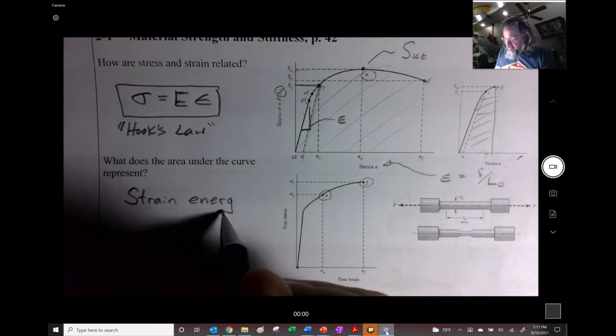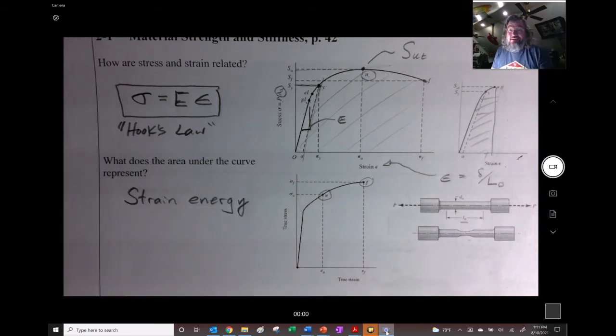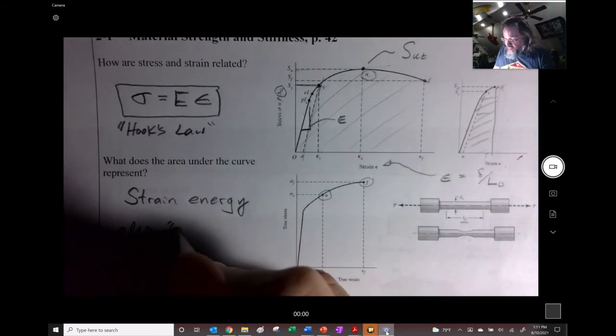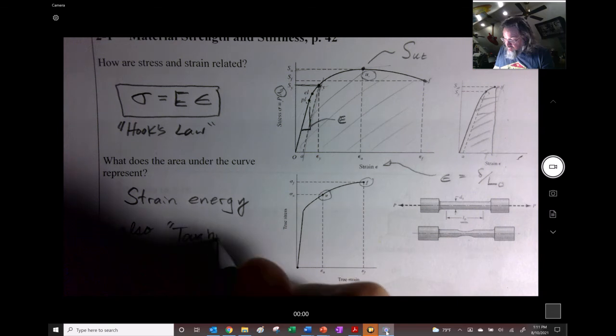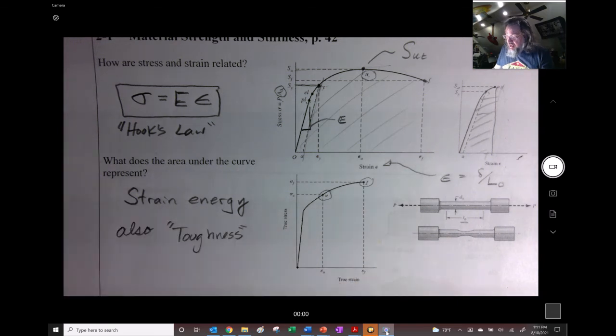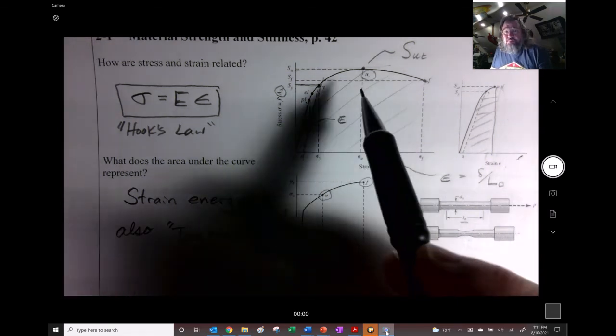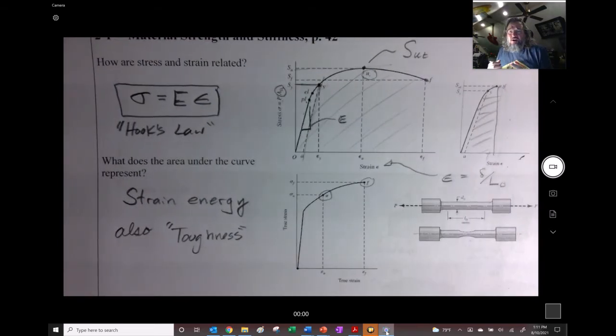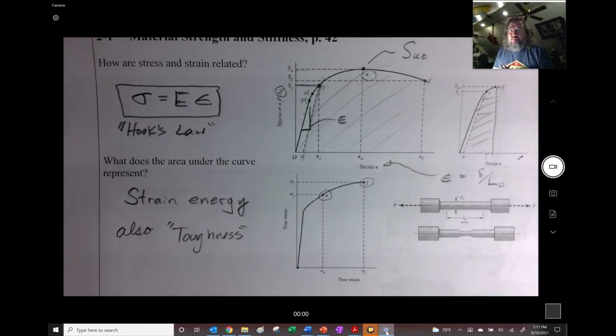And we're going to repeat that and look at that again. That's a good concept to have in there, but it's also something called toughness. And the more area underneath this curve, the more strain energy this material can absorb.